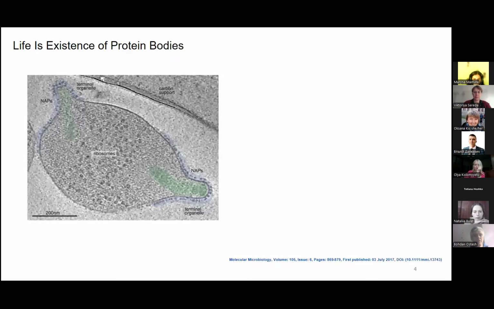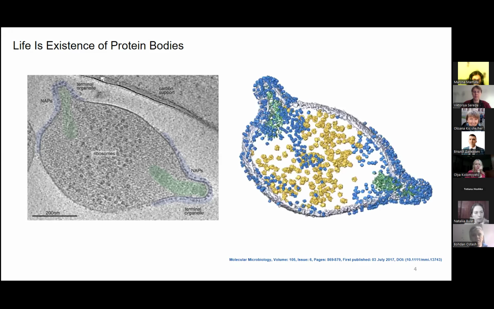And actually, when we look at the cell, this is a photo of a single-celled intracellular parasite, Mycoplasma. Mycoplasma is kind of dangerous. It causes several diseases. But here is the model of the cell to the right. And you see small yellow and blue objects.